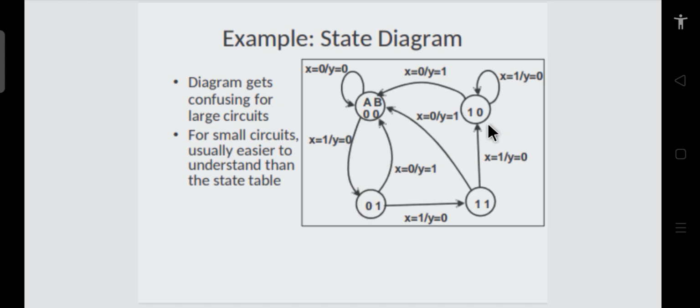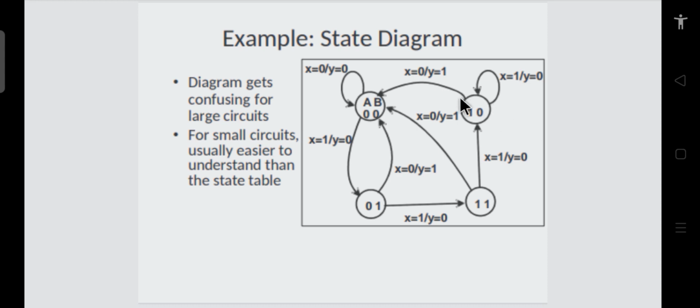The remaining states and arrows just explain that particular thing only. As there are two flip-flops, there will be 4 states because 2 to the power 2 is equal to 4. One flip-flop can remain in 2 states, so here as there are 2 flip-flops, the number of states will be 2 to the power 2, and the circuit will remain in 4 states.